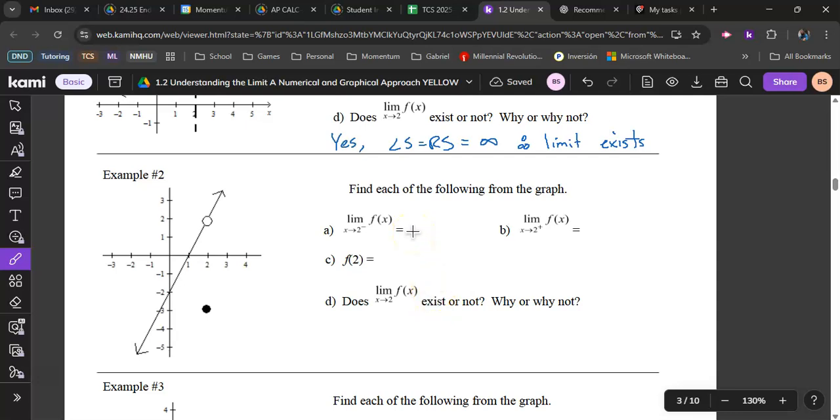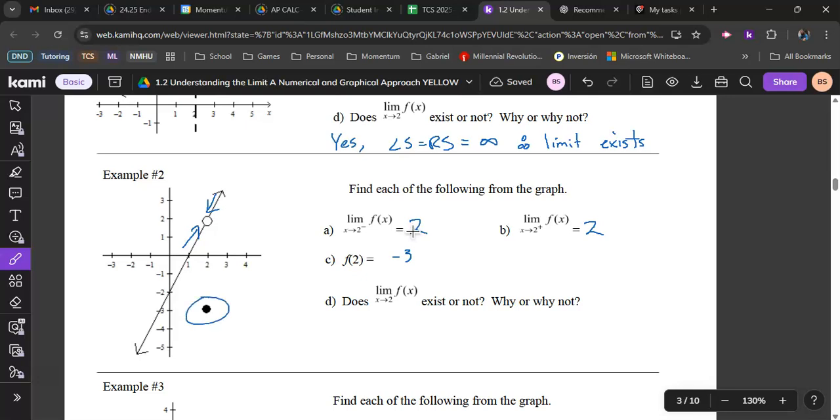So for this next one, the limit as x approaches 2 from the left. What is that? It's 2. From the right-hand side, 2. What is f of 2? So, a pre-calc answer. Undefined. No, it's negative 3 this time.